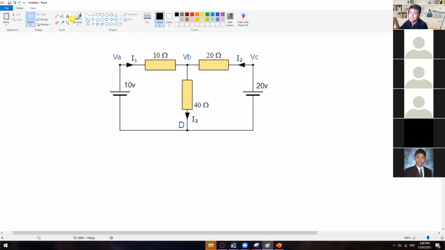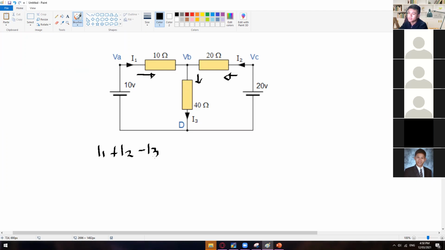As you can see, we have a current flowing here, and another current flowing right here, and then a current that leaves at point VB. I'll call these I1, I2, and I3. I1 is positive since it's entering the node VB, and I2 is also entering the node VB.